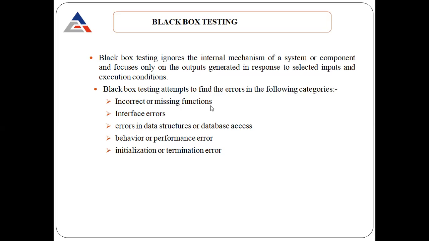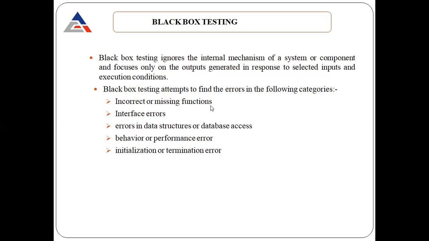It means there's some mistake in the data structure I have used, because the element is being added at the last end. It means the data structure should be a queue, not a stack. Or there's an error in database access: I have given a command to query some data, but I'm unable to get the output of that query. That means some mistake is there in the database also.